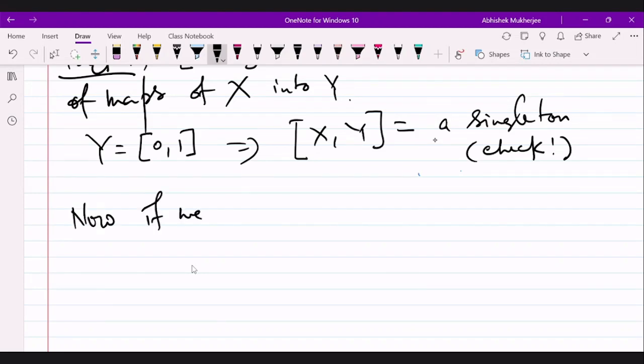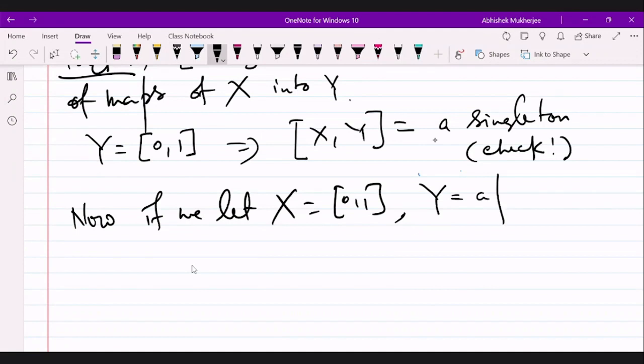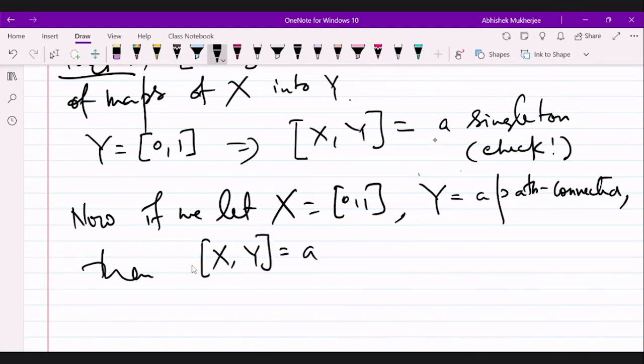If we let X be the closed interval [0,1] and Y a path connected space, then you will get that set again a singleton.